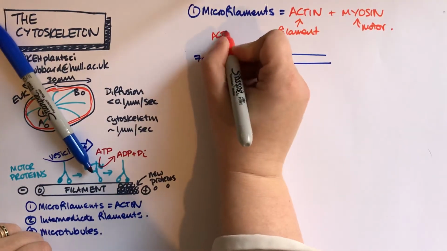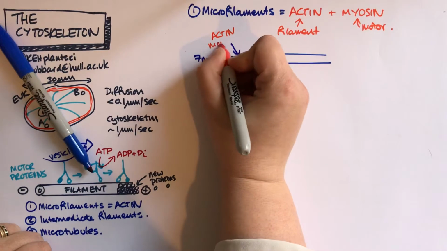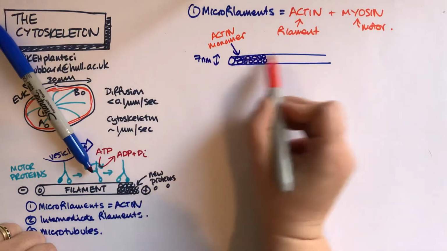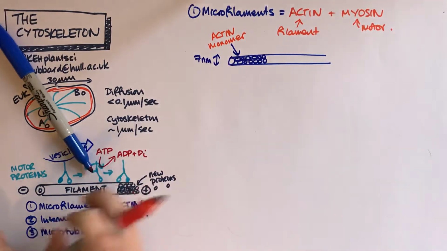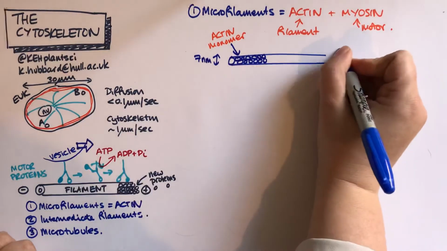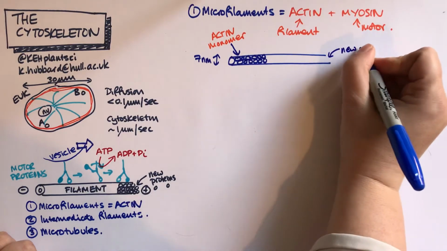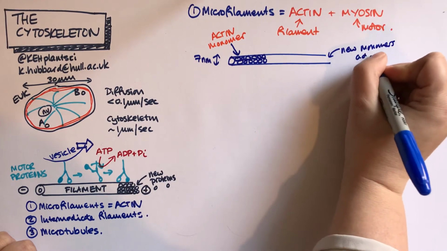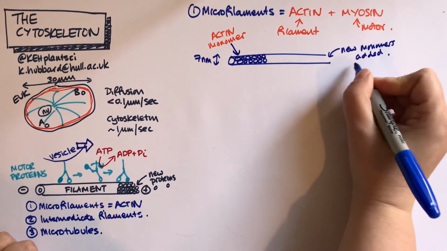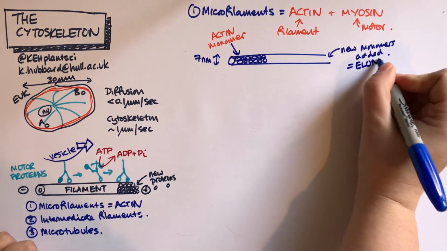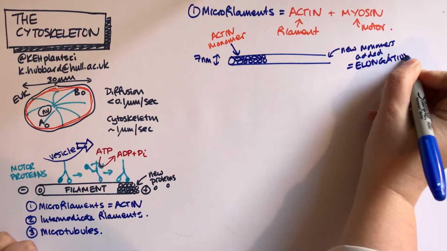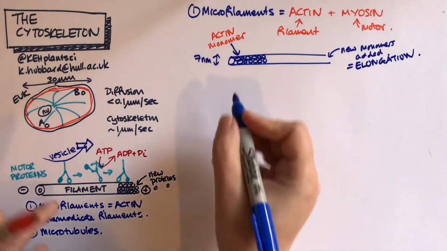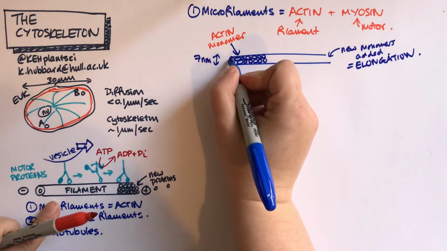So each individual protein is a monomer, and then we get this tube or this sort of filament structure forming. Okay, and as I say, at the end you can have new monomers added at the end, which will elongate the filament. The filament will usually be bound to some sort of protein to start with.